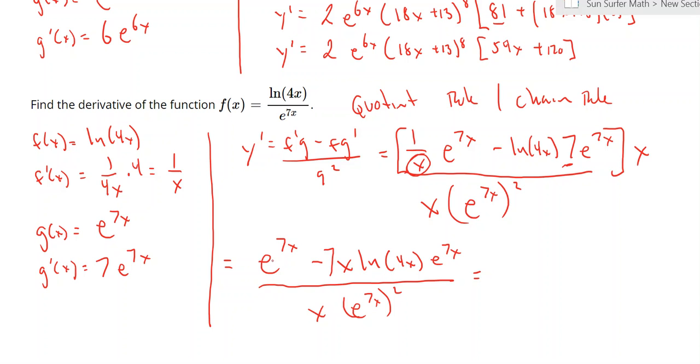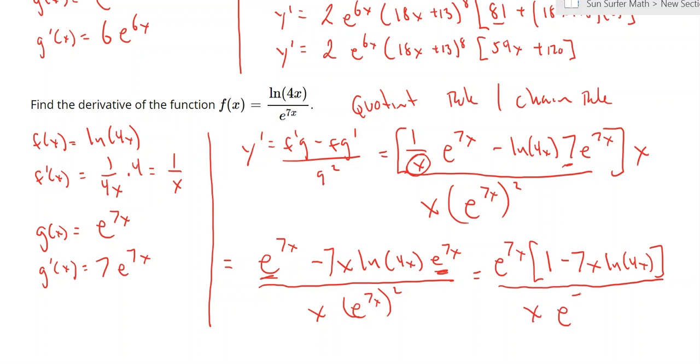Now in the numerator, I can factor out these factors of e to the 7x. And then I'm going to be left with a 1 minus 7x log of 4x. And in the denominator, I have x e to the 7x squared.